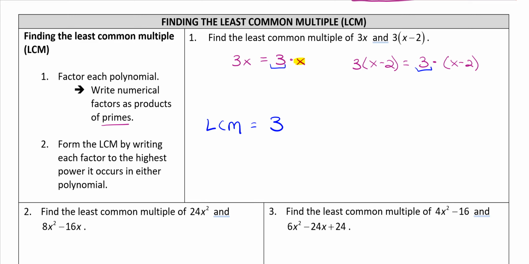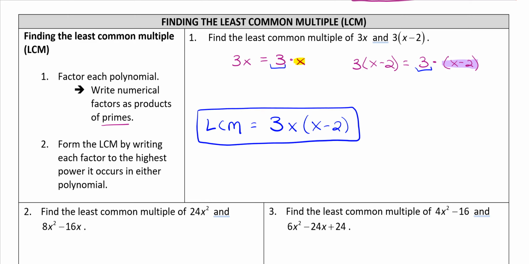Well, I'm going to write that x down. So I'm going to add that x next to 3, because in order for them to be multiplied, I would need 3x. Then I look here again. This guy's got an x minus 2. I need to add that to my least common multiple. So my least common multiple would be 3x times x minus 2.